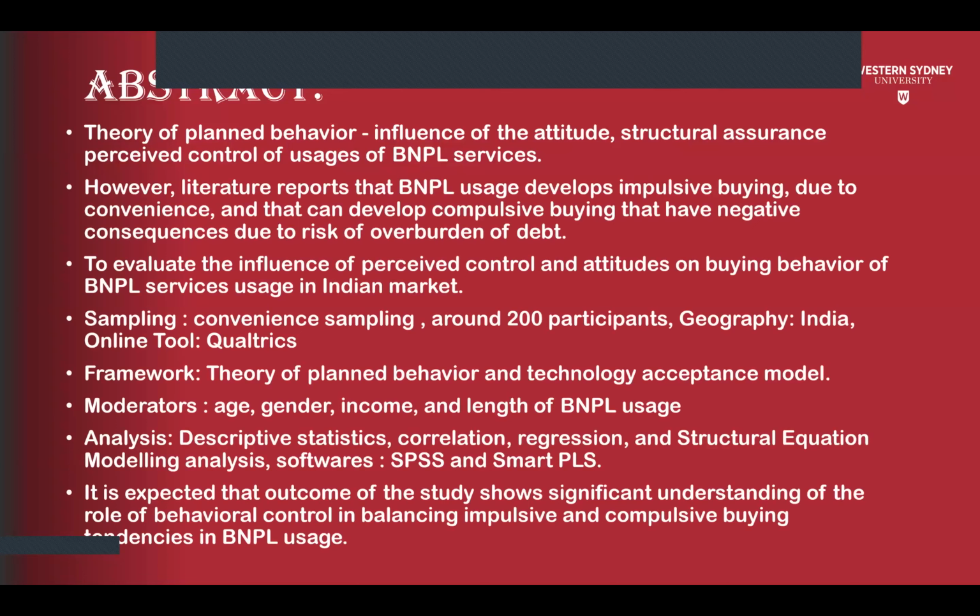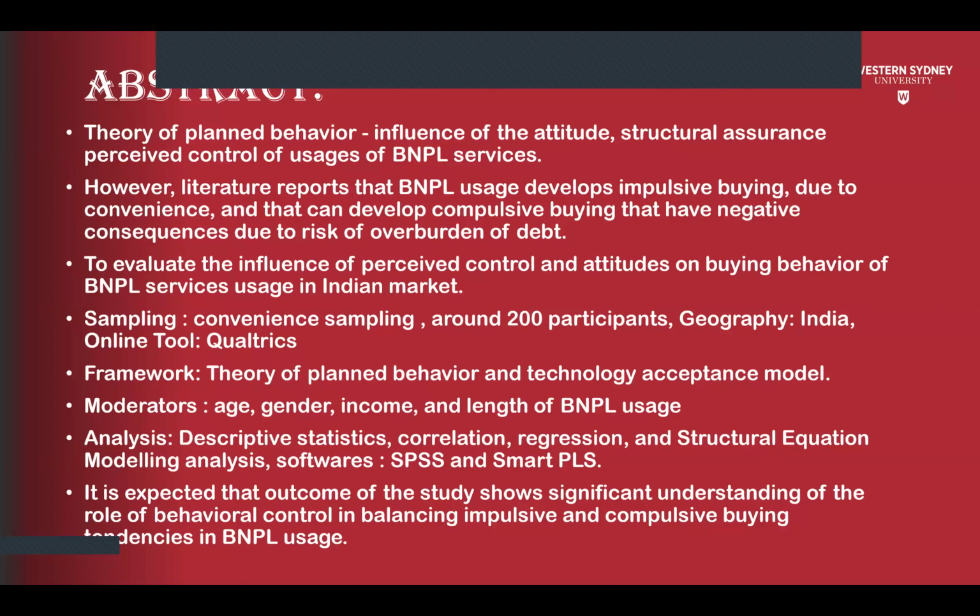So literature says that the usage of BNPL, buy now pay later services, develops impulsive buying, and the reason for that is convenience to use, which can develop compulsive buying, which has negative consequences due to overburden of debt.